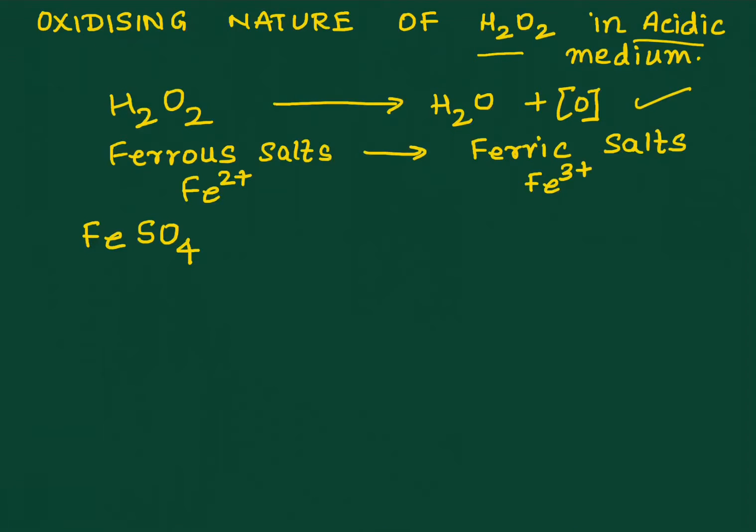So let's suppose I've got ferrous sulfate. You can take ferrous chloride as well over here. Plus, now we are talking about the reaction taking place in the acidic medium, so we've got an acid over here. Because it's an oxidation reaction, the nascent oxygen generated in the first step will be used up in the second step.